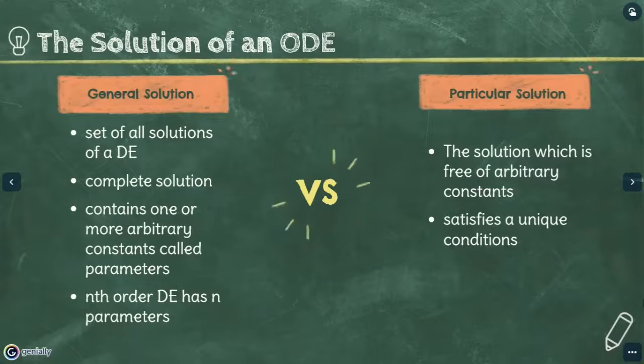The general solution is the set of all solutions of a differential equation. It is a complete solution. It contains one or more arbitrary constants called parameters, and an nth order differential equation has n parameters. While a particular solution is a solution which is free of arbitrary constants and also satisfies unique conditions.